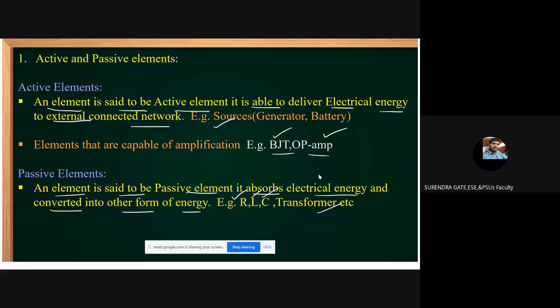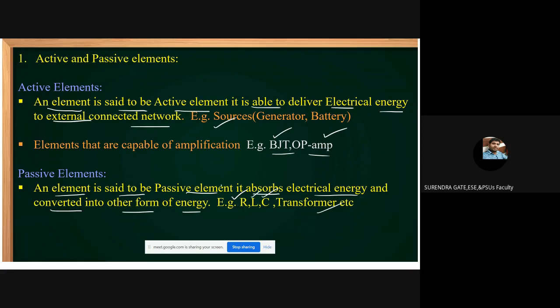See, a resistor absorbs electrical energy, and that energy is dissipated in the form of heat. That means the electrical energy is converted into heat energy. Take the example of geysers; in geysers you are utilizing this property.